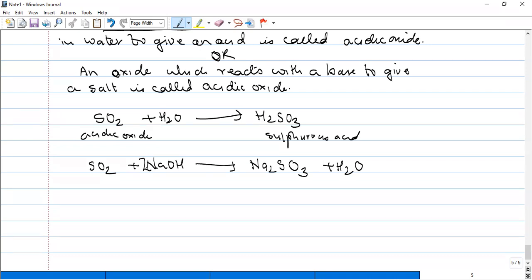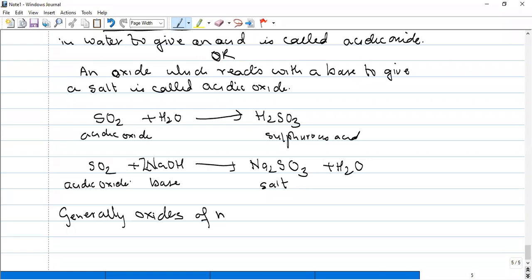Okay. So it is an acidic oxide. This is salt. This is base. This is acidic oxide. Generally, oxides of non-metals are acidic oxides.